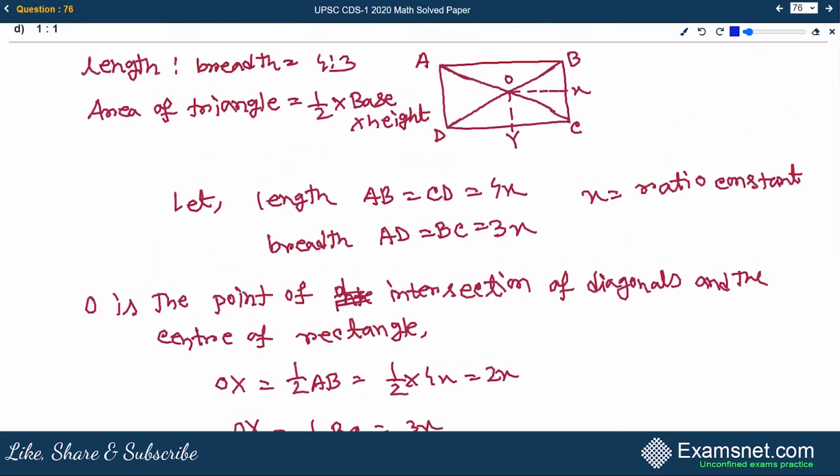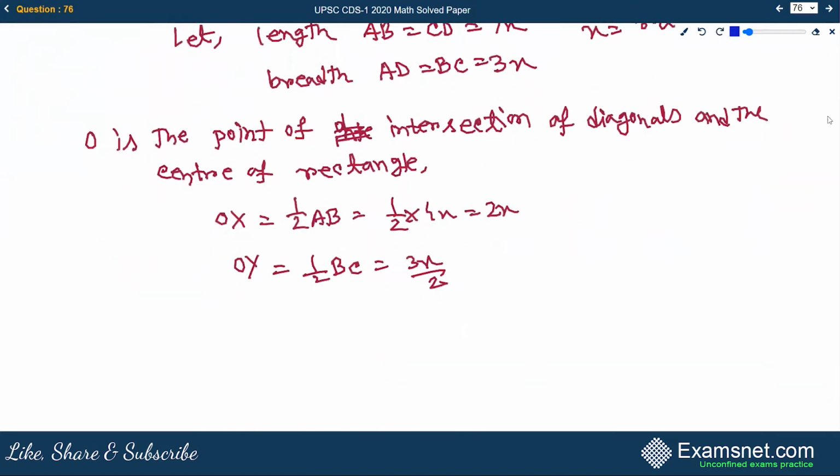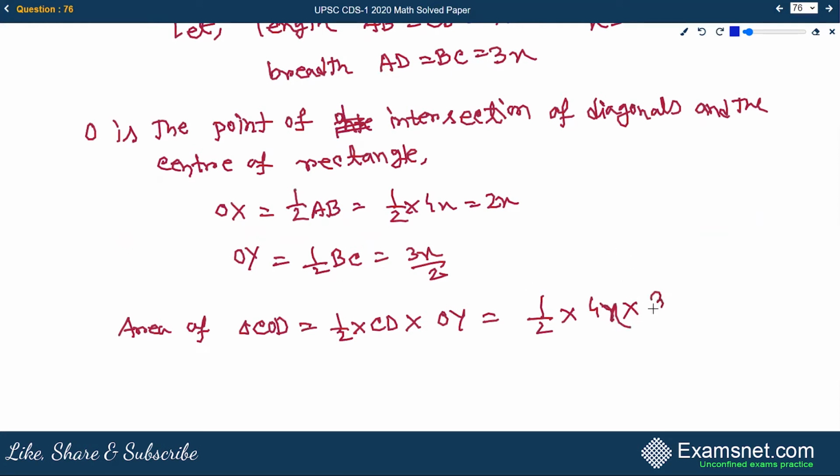Now look at the triangle COD or BOC. Area of triangle COD is half into CD into OY, half into 4x into OY, which is 3x by 2.